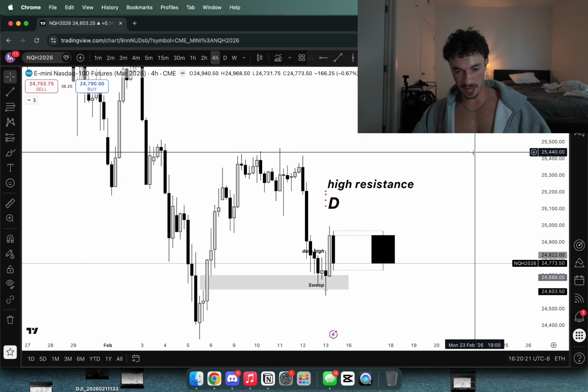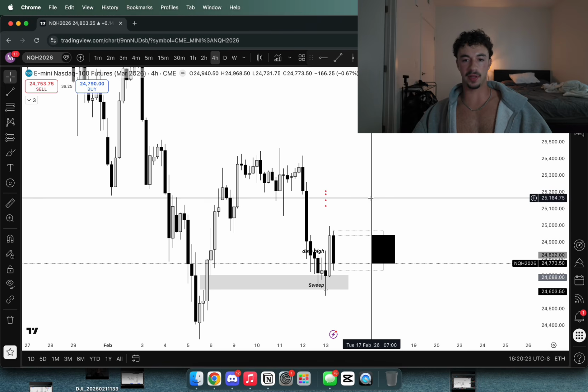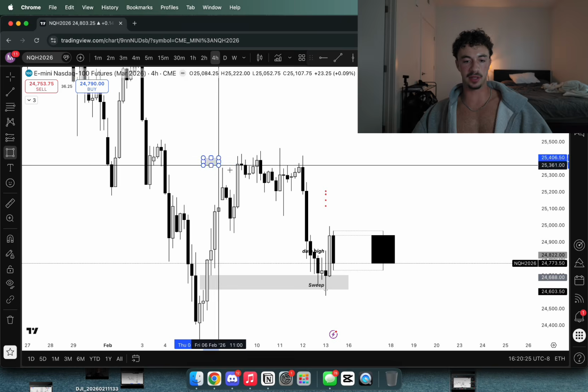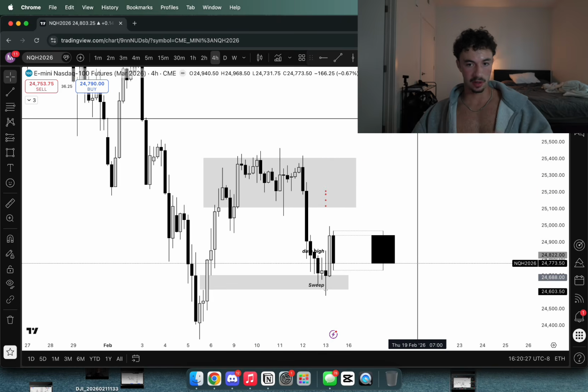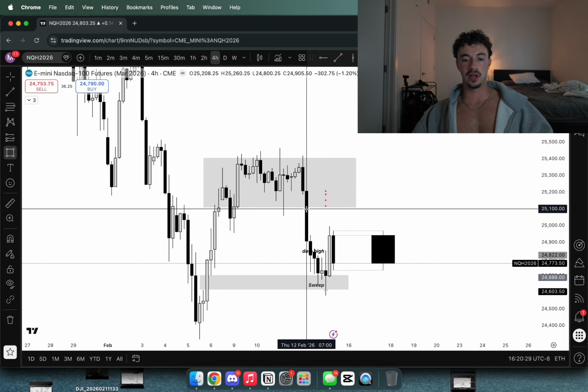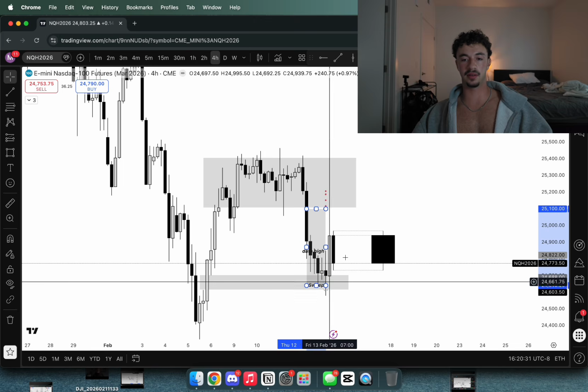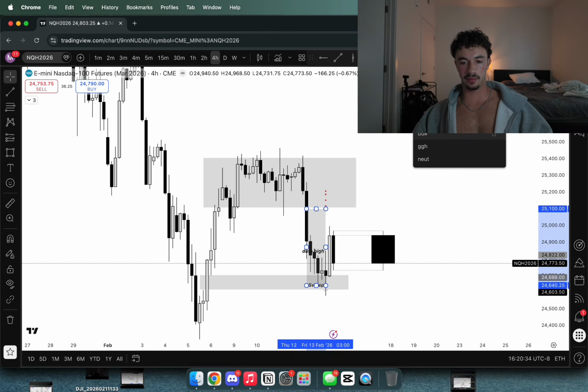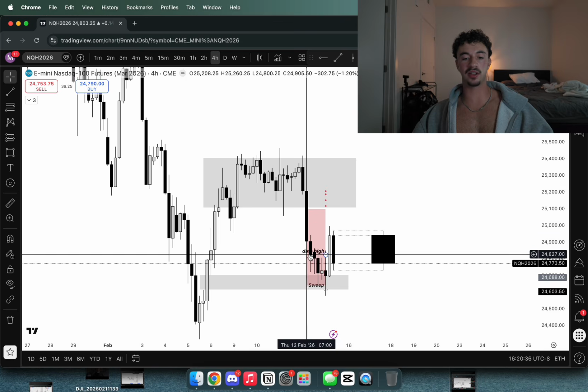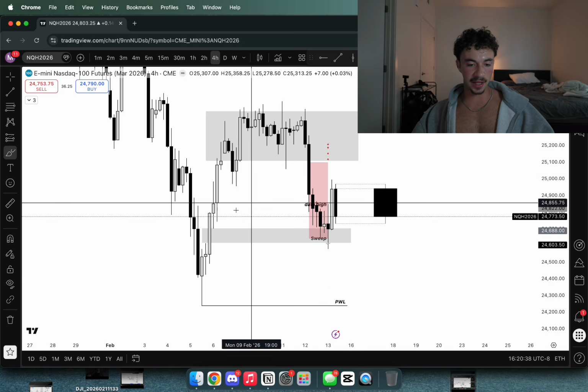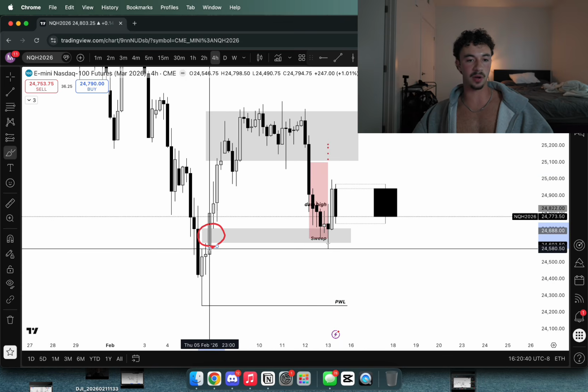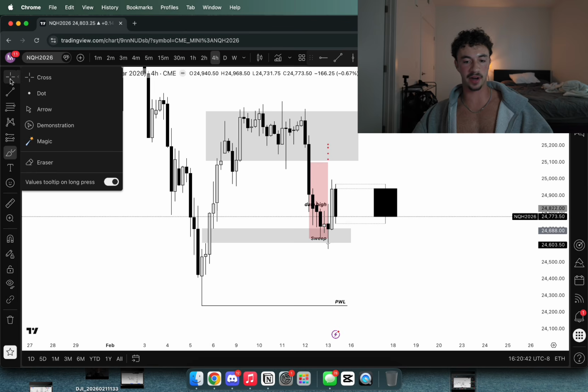What do we have here? We have accumulation, bang. What do we have? Manipulation, bang. Bearish manipulation into what? A high time frame fair value gap on what? The 4-hour time frame.